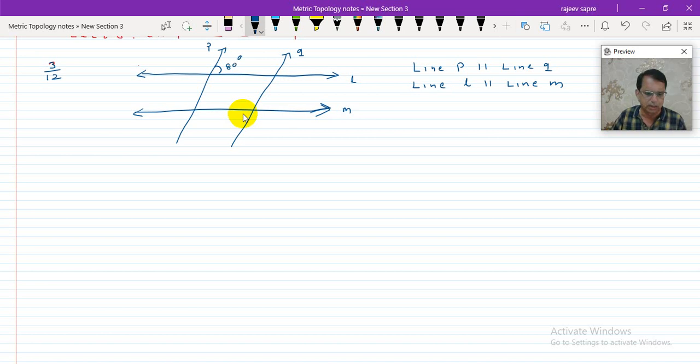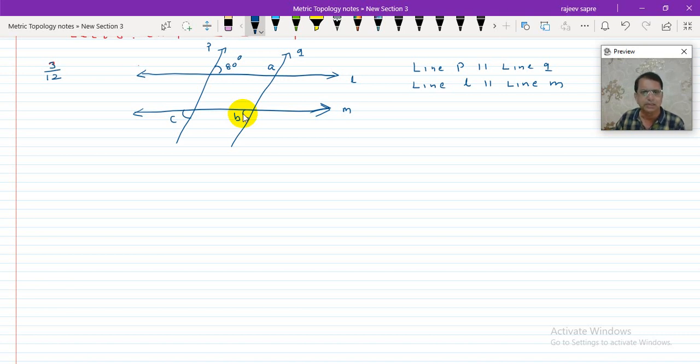Then this is A, and in the figure they have given that this angle is B, and this angle is C. So now you have to find the values of A, B and C.